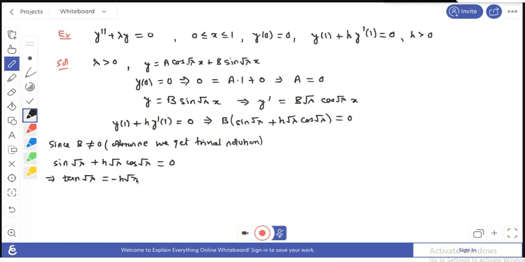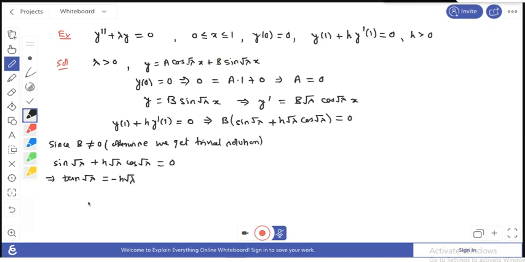So this is the equation. Here you have to find the eigenvalue, because on both sides there is lambda. So here root lambda, and here is also root lambda. So here we can write this as root of lambda.